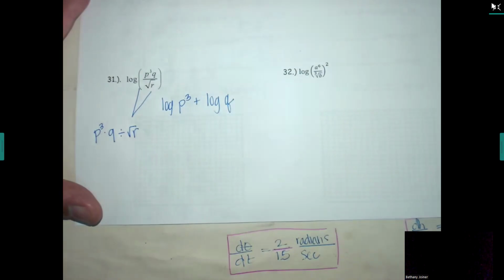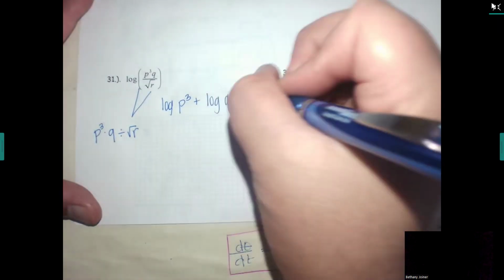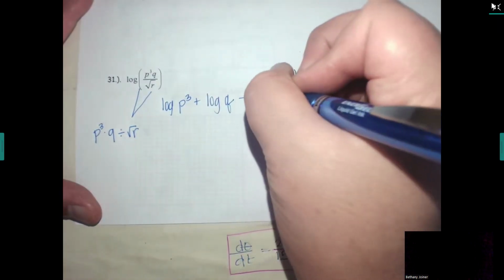So that'd be log P3 plus log Q minus log root R.